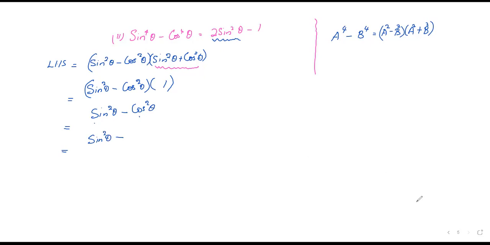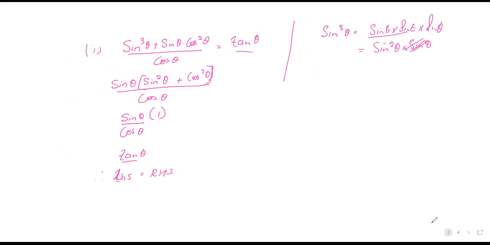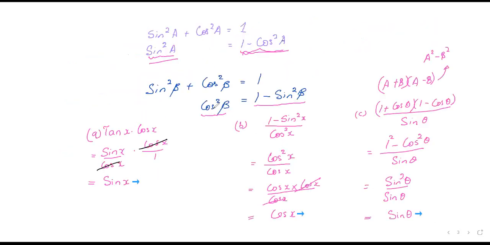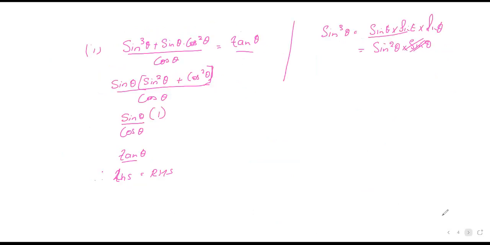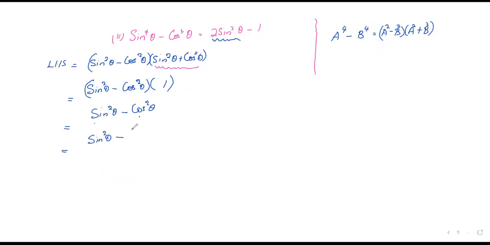Writing cos in terms of sine, you can go back to page 3. Cos squared theta is equal to 1 minus sine squared theta. So writing cos in terms of sine, it's going to be minus (1 minus sine squared theta). Remove the bracket, which stands for multiplication: sine squared theta minus 1.